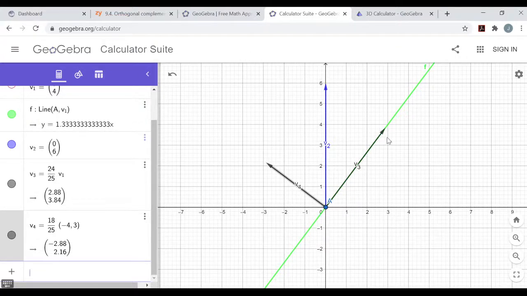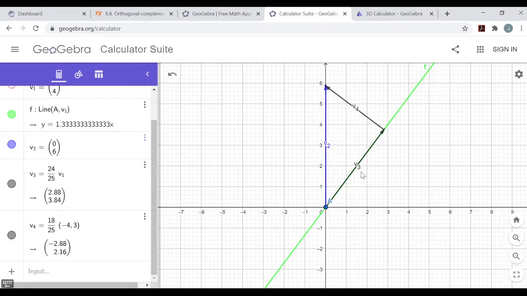Notice, if I put it over here, and if I move this right there, can you see how (0, 6) is the sum of v3 and v4? Do you see it when I shoved it? I just shoved it down here to be at the end of the tip of v3.